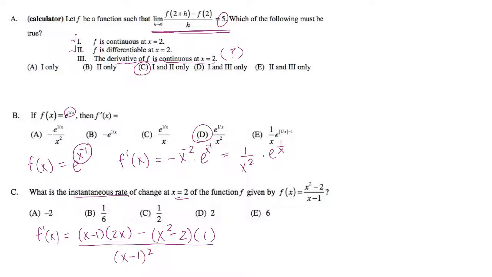Now let's substitute in 2. It's so tempting to put an equal sign there at the end. Do not do that. Go ahead and work on that notation. We're going to rewrite this. From the first parentheses, it looks like we're going to have 1 times 4 minus 2 all over 1. So it looks like we're going to have answer choice D.